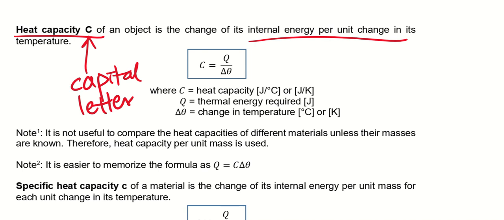What is Q? Q is thermal energy. What other symbols have we used for energy? We use E, right? We use W, which is work done, right?